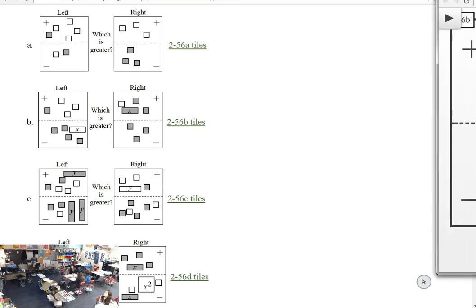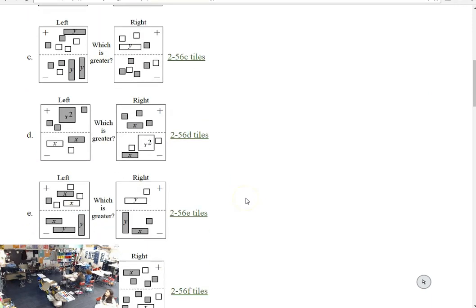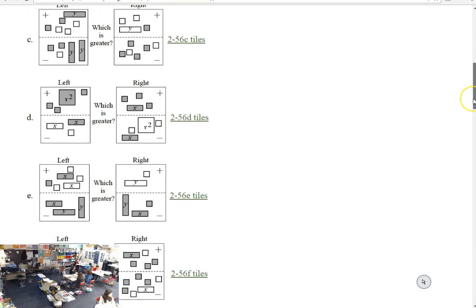B is up on the TV now. 56B, although you can't quite see that it says 56 up here. Then C, D, E, and F can fit on this screen. This also can have a book, like it said for you to have out at the beginning of class. B, -6.